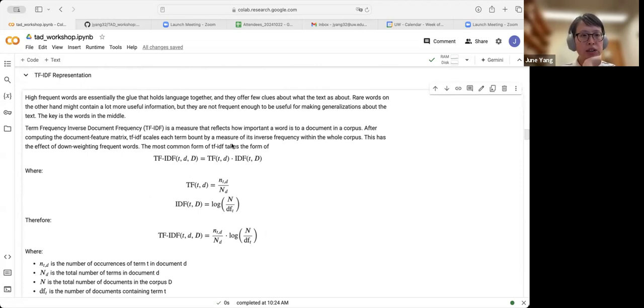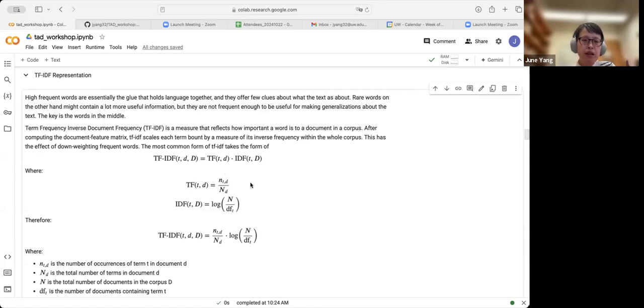TF-IDF stands for term frequency inverse document frequency. If you look at the formula here, this measurement contains two parts. It's a product of TF, which is the term frequency, and the inverse document frequency. So basically, it's measuring how important a word is, not only to this piece of document, but also to the entire corpus.